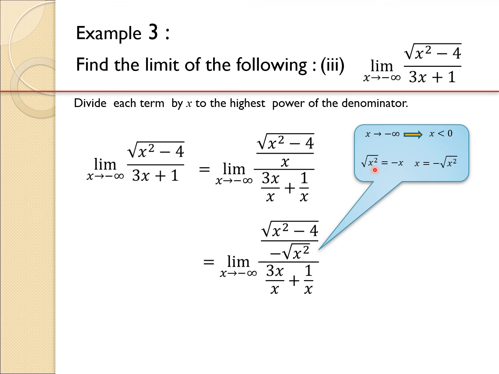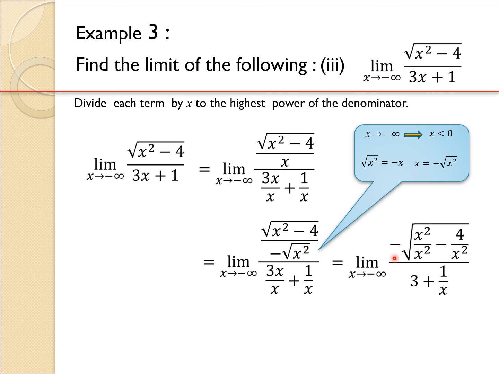Sebab square root x square kita nak letakkan di dalam square root. Tapi nilai dia adalah negatif. Ni x less than 0, negatif. Maka square root x square equal to negative x. So, x sama dengan negatif square root x square.